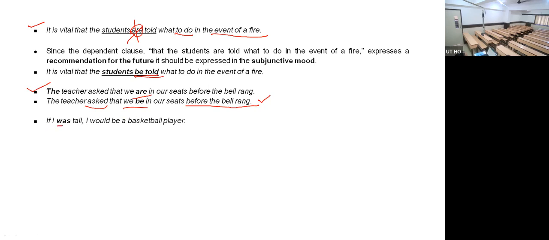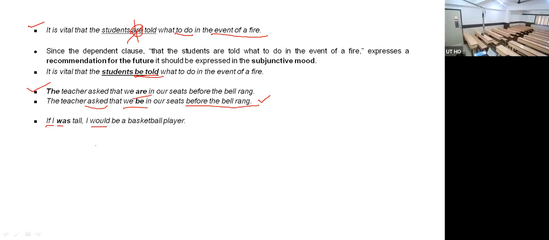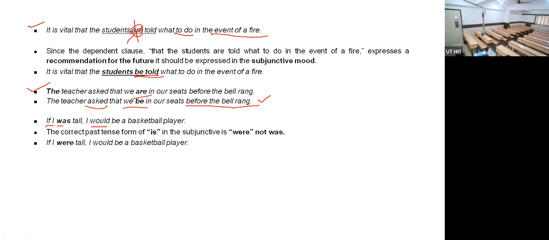That is one. If I was told I would be a basketball player. Anything wrong in this sentence? Agrima? Read the sentence carefully. Anything wrong in here? The was is wrong. Yeah, the was should be were. Right? If I were told, I would be a basketball player.